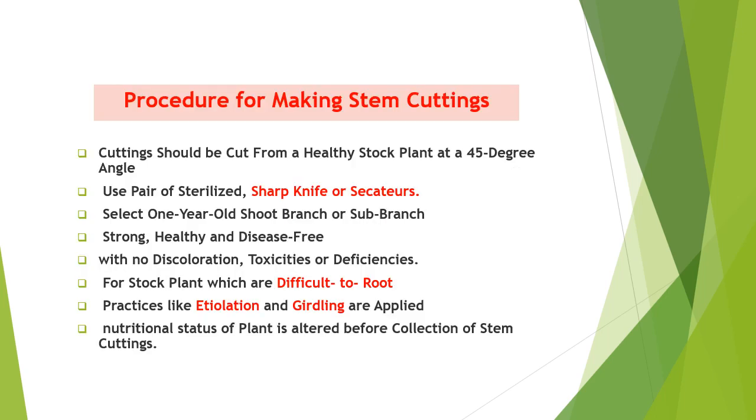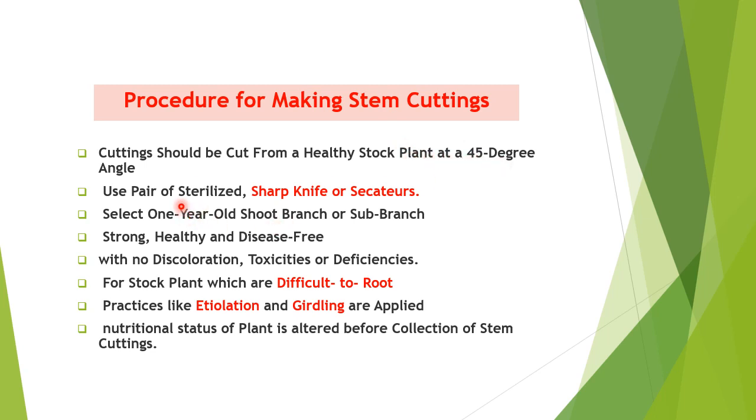So what is the procedure for making stem cuttings? Cutting should be taken from a healthy stock, because healthy stock in a nursery is maintained. Stock plant should always be healthy, so that it can give you healthy cutting material, and it should be taken at a 45 degree angle.